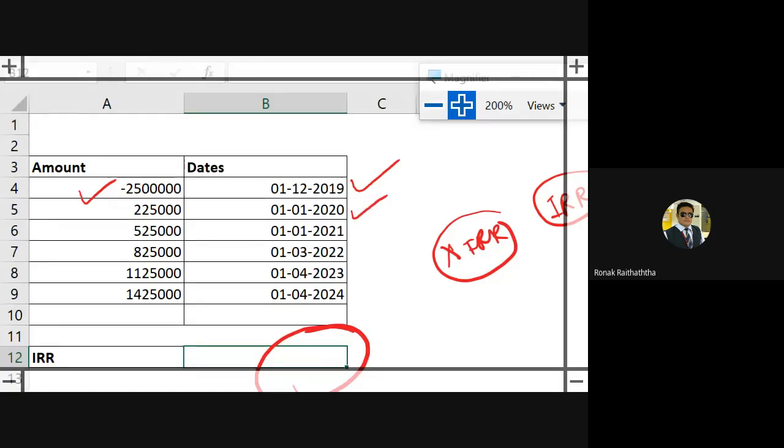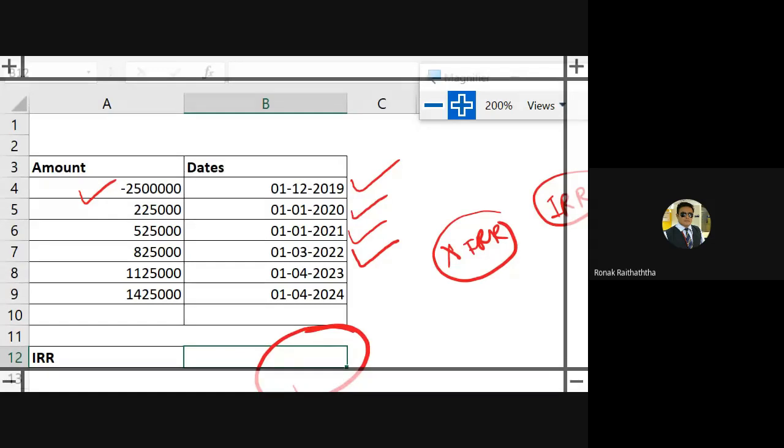So that's effectively just a 1 month's difference, right? So in 1 month you are realizing another inflow. Then the next inflow is occurring after 1 year. Then the next inflow is occurring after 1 year and 2 months. So the time period between the cash inflows is not even, it's uneven. And there are specific dates given to us at which these cash inflows and outflows are occurring. That's why we would be using XIRR instead of IRR in Excel.